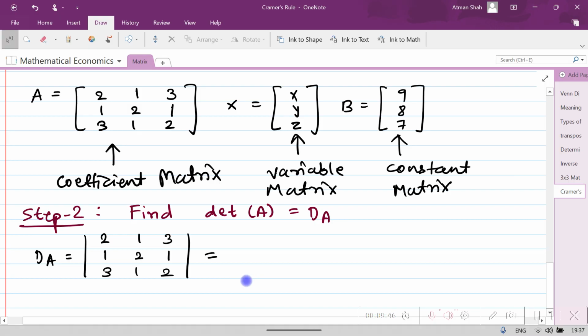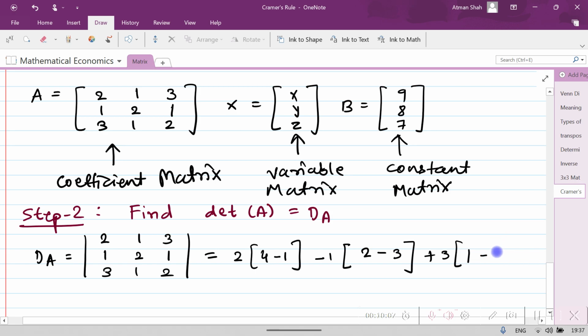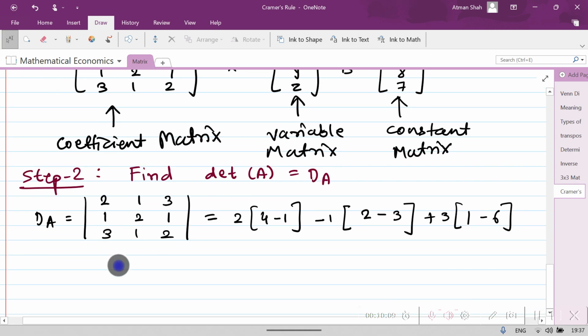So this is equal to 2 into 4 minus 1, minus 1 into 2 minus 3, plus 3 into 1 minus 6.